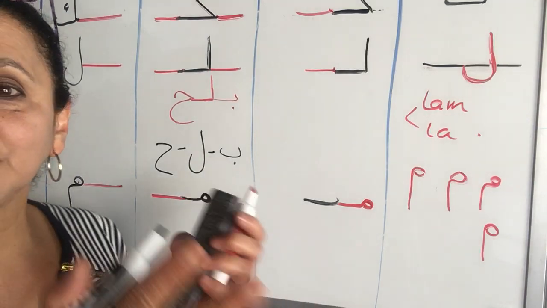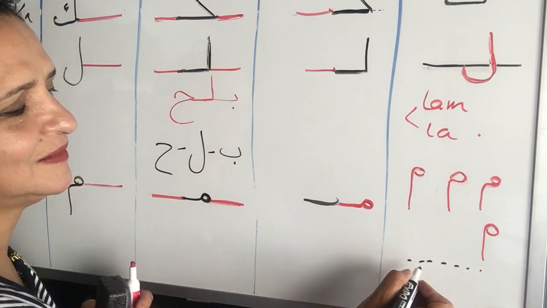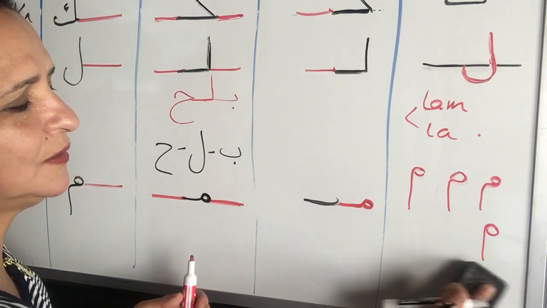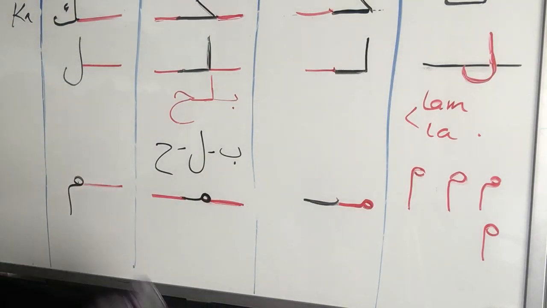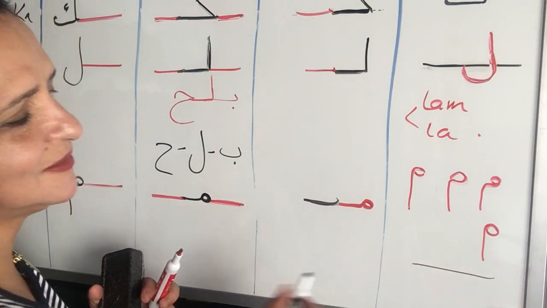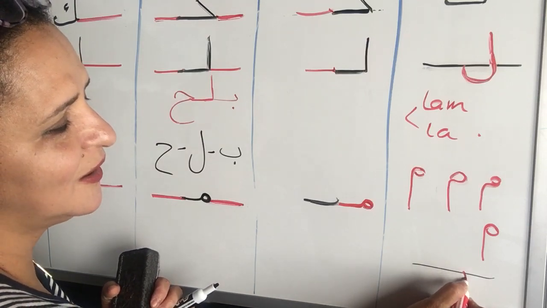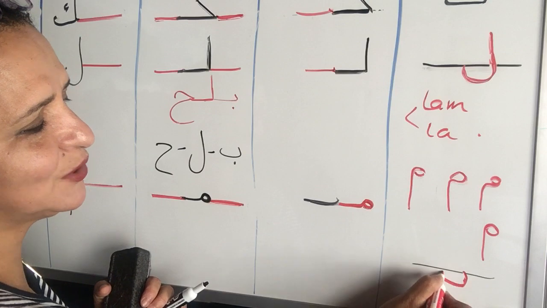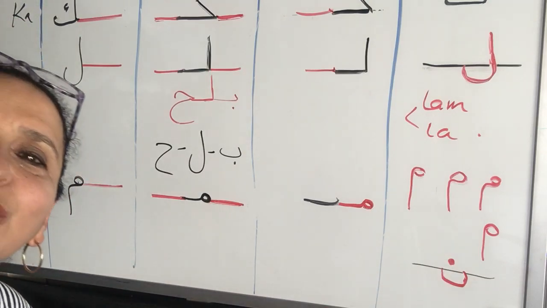I don't want you to confuse na with ba. This is the line in the notebook, the blue line. Remember a train. So this is the line. The noon, or na, starts from the line, goes below the line, and comes back to the line. So this is na.